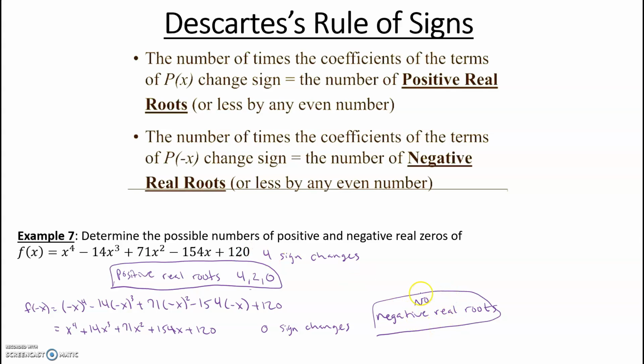Well, this tells me that I have no negative roots, which means it would eliminate half of your possibilities, because you know there's no real negative roots. So all those negative roots, when you set it up, you could have just eliminated them and not even tried to do your synthetic division. So if you think back to the beginning, we wouldn't have had to use synthetic division on all those negative numbers.